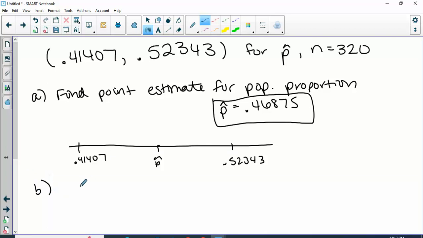What if I asked you for the margin of error? How do we get it? The upper minus the lower, divided by two. Okay.